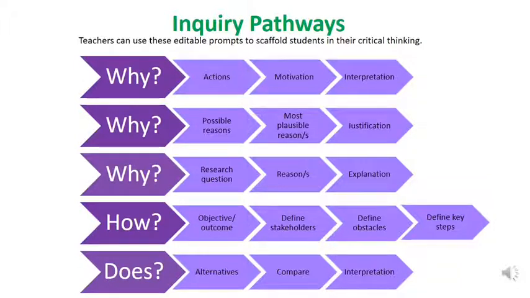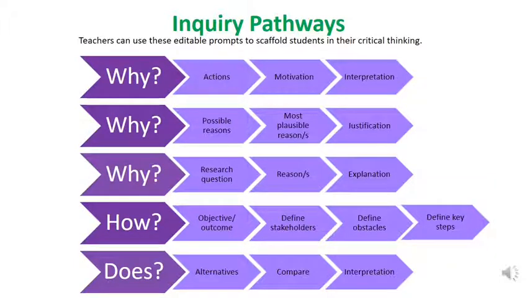And so here's an example. If we're asking the question, why did so and so do so and so? We might start by encouraging them to note down all of the actions. Now that's not critical thinking, but it is a stepping stone on the critical thinking process. So they note down all the actions that the person did.